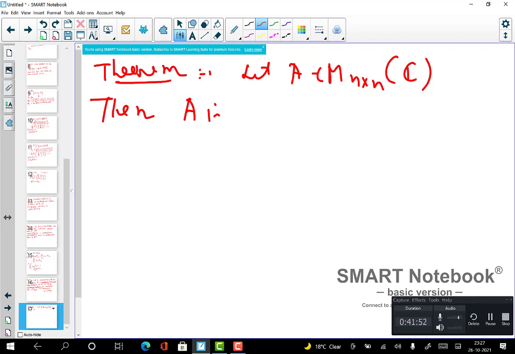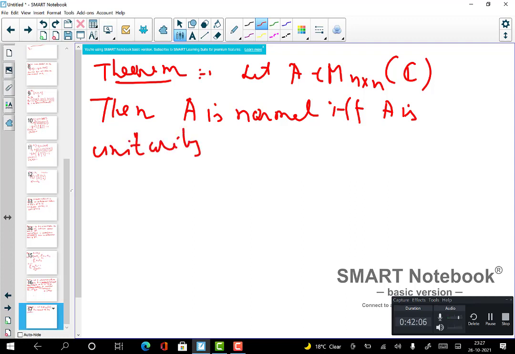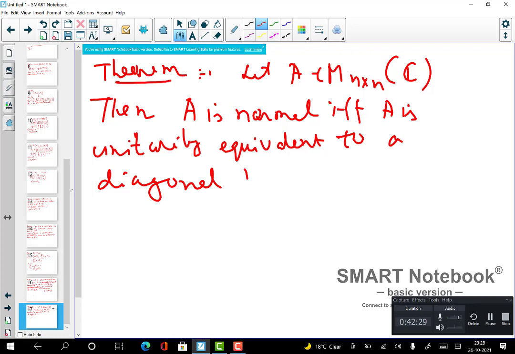A is normal if and only if A is unitarily equivalent to a diagonal matrix, not B. B is the diagonal matrix.